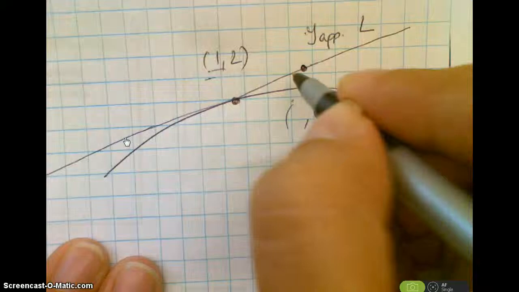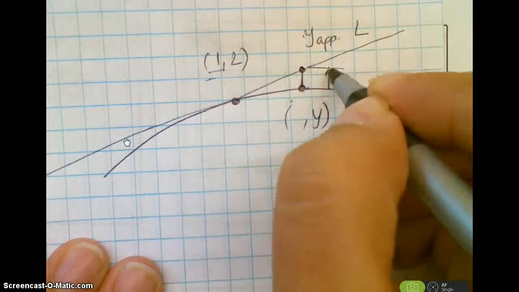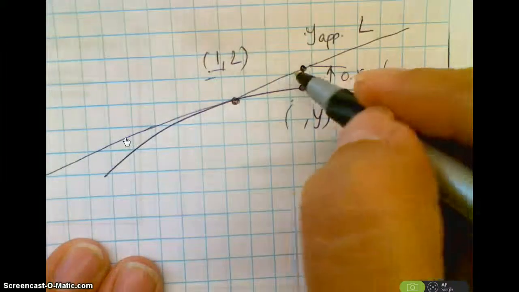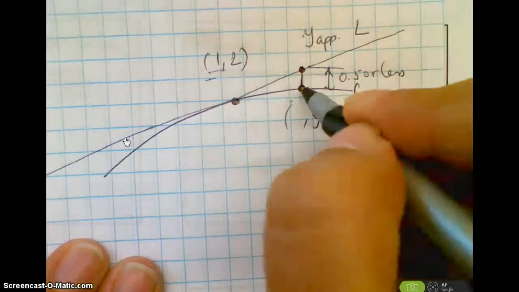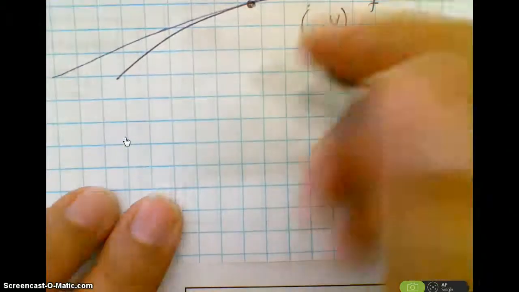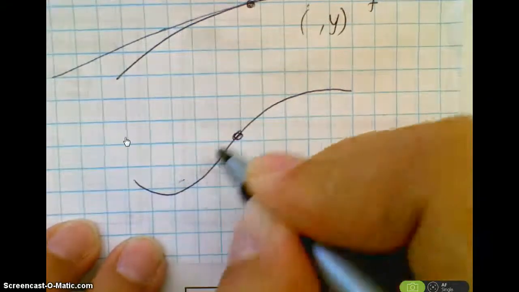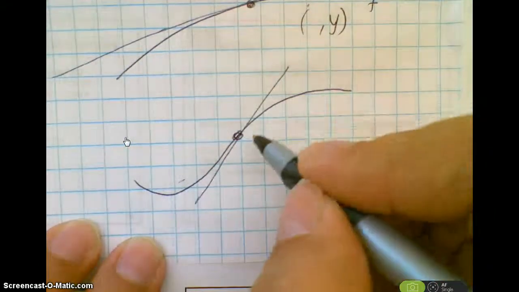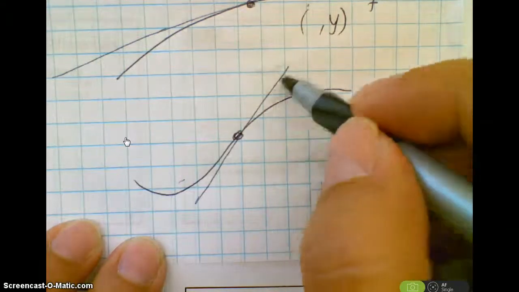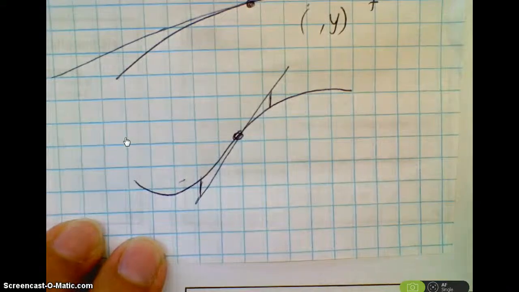Where was I? Okay, so you want the distance between those two to be 0.5 or less. Now in this case, you know the linearization is greater than the real y value, but you may have cases in which the function changes like this at this point, and then the tangent line may overestimate, like in this case, or may underestimate, like in this other case.